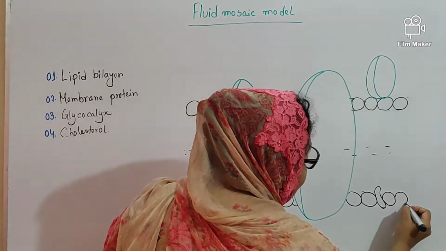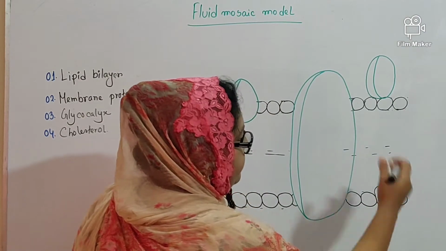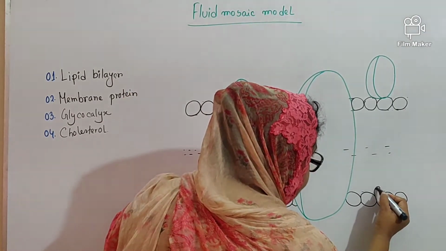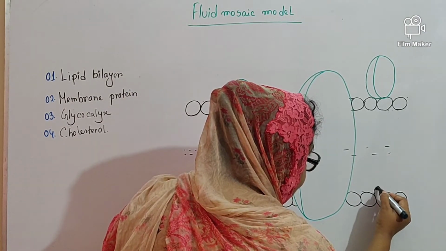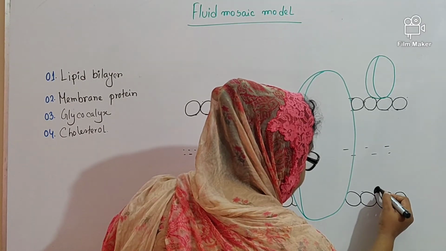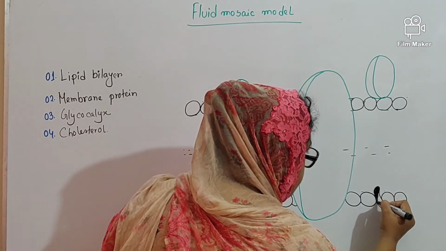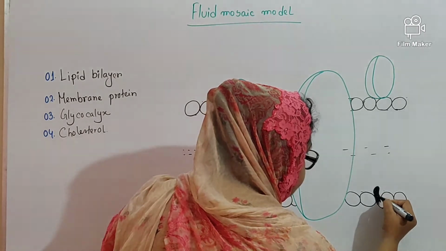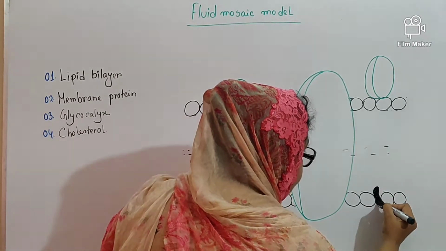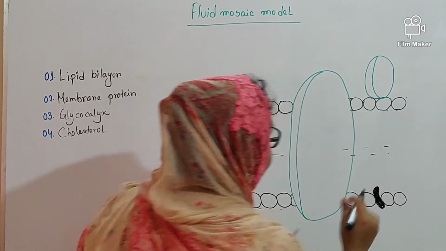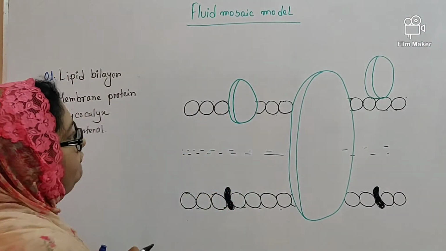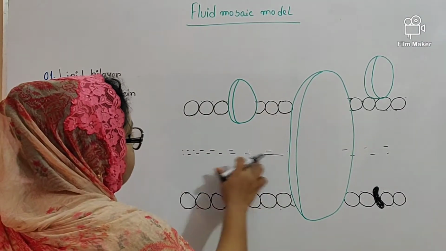Try to maintain a similar line. The merging of the upper and the lower layer should be similar. Okay, so these are the phosphate heads. Now, what is the function of this layer?